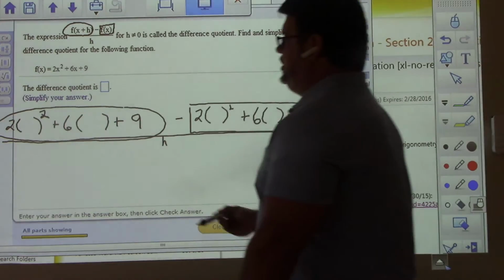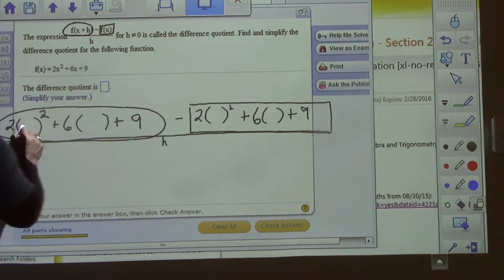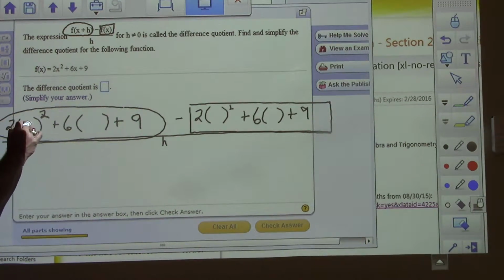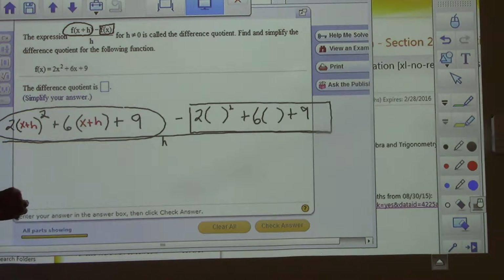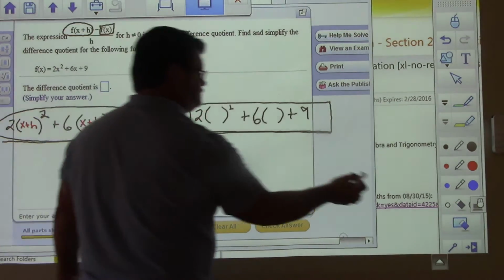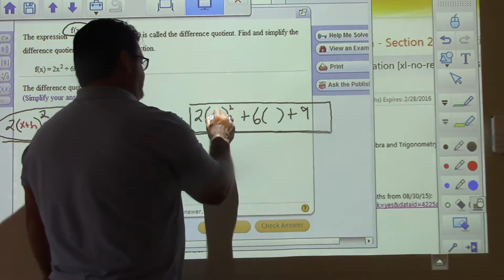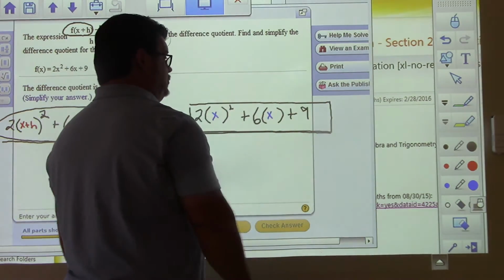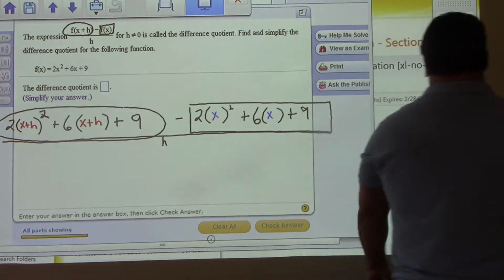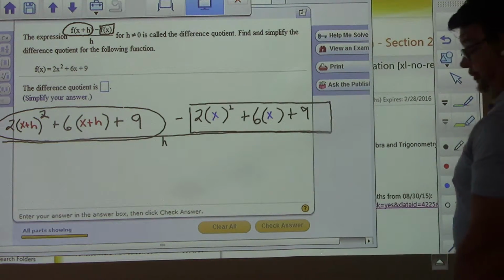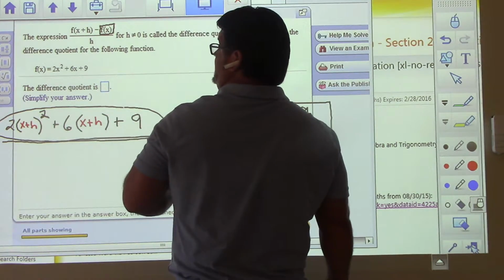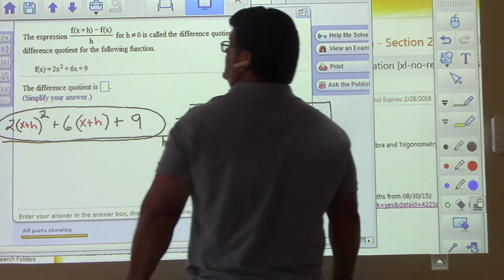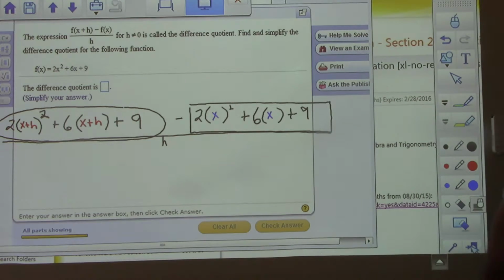And here I'm going to plug in what? And here I'm going to plug in x. Because this says plug in x plus h, and this one says plug in x.